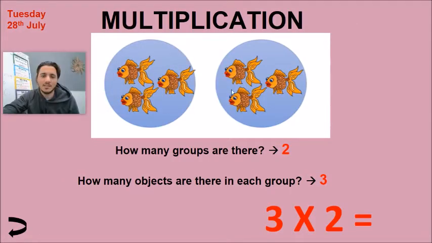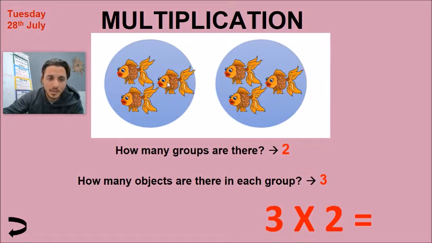All right, let's have a look at this now. So we've got this picture here. How many groups do we have? 2 groups. And how many fish are in each group? We've got 3 fish in that group and 3 fish in that group. So we're multiplying 3.